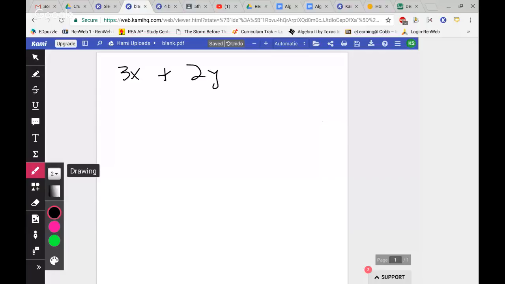Okay, 3x plus 2y equals negative 5, and then x minus y equals 10. Now on this one, neither one of our coefficients are even close. They're not opposites, and they're not the same.